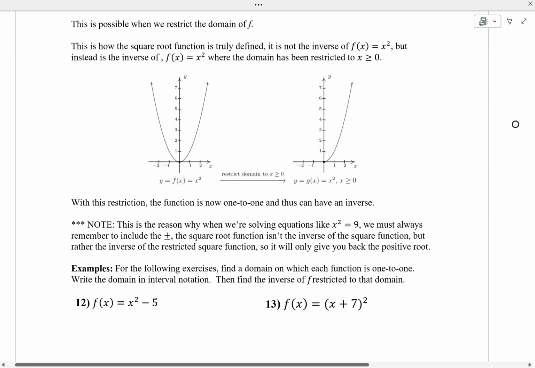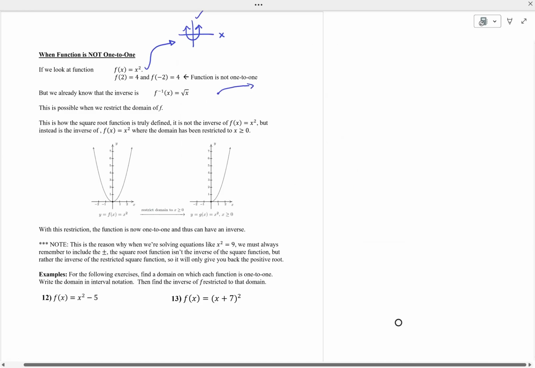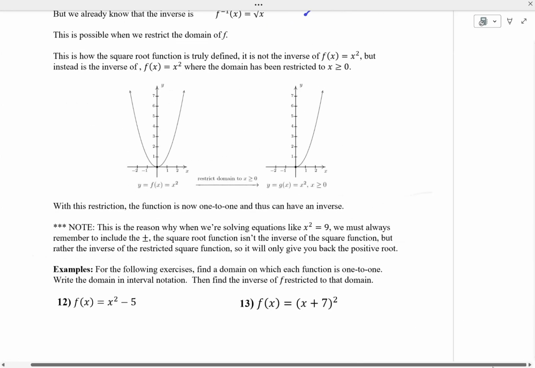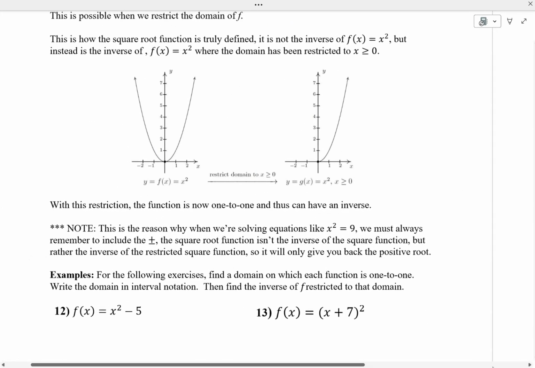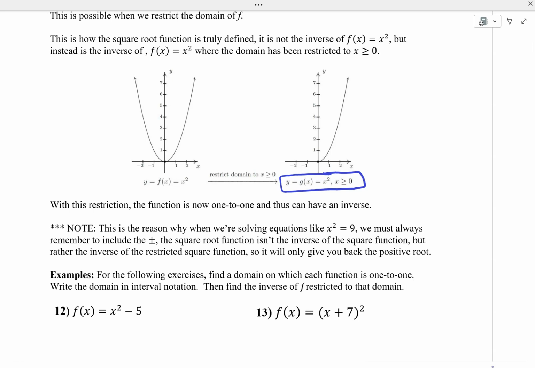So if you look here, if I restrict this and say, hey, I only want 0 and above, then on that one, I can find its inverse. So you just kind of got to see what is going on.